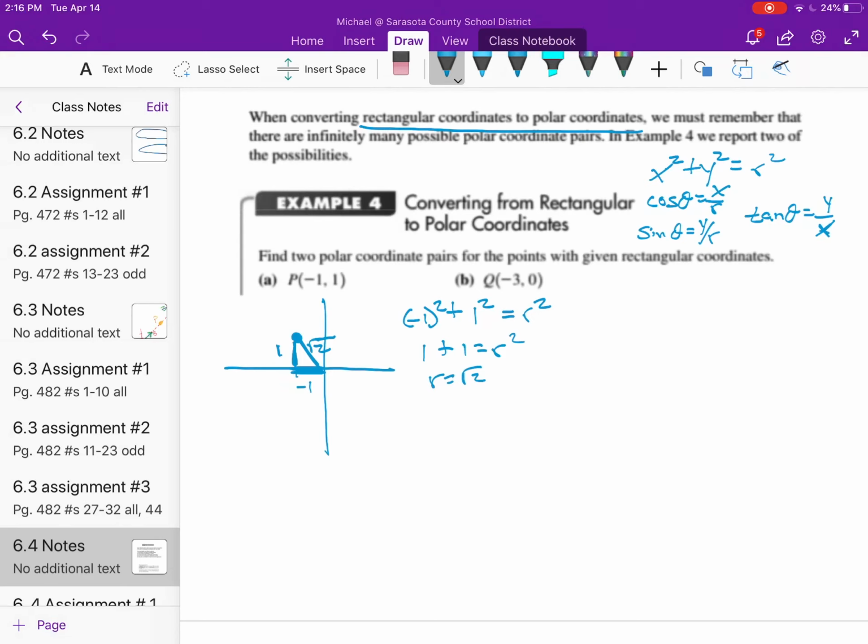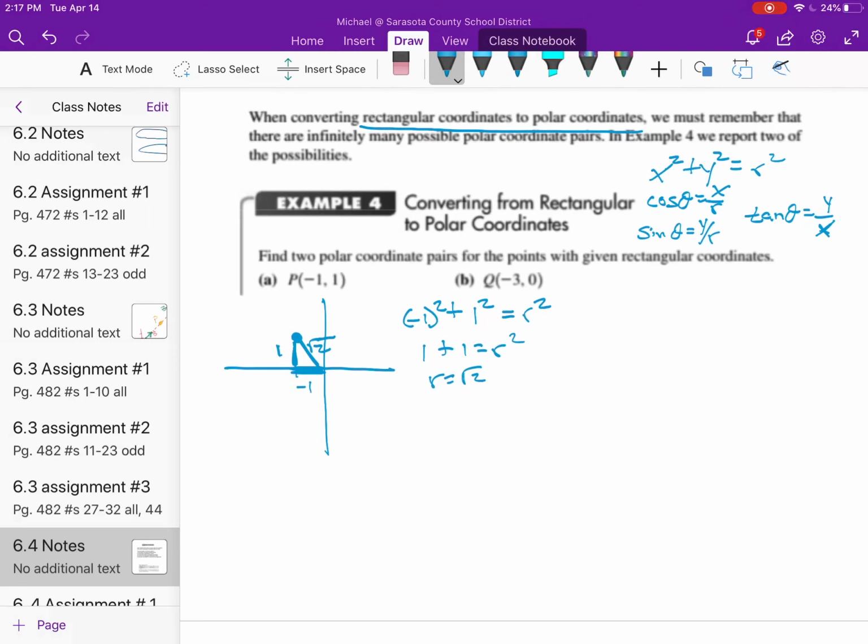So we know x, we know y, and now we know r as well. Now we can use any of our cosine, sine, or tangent functions. You just have to keep in mind which quadrant we are in, and in this case we're in quadrant 2.